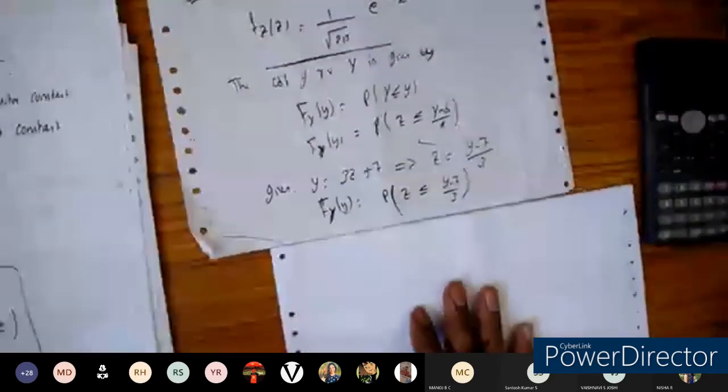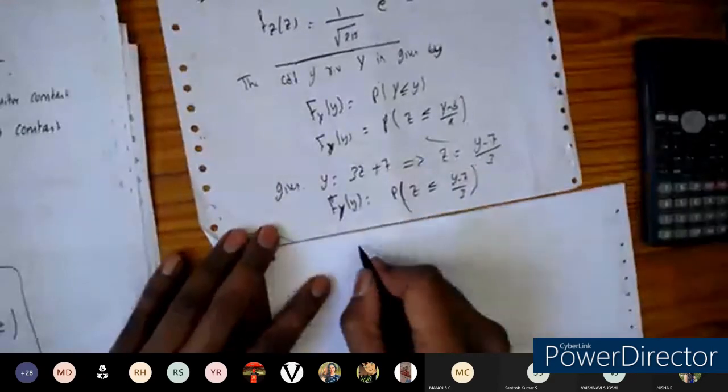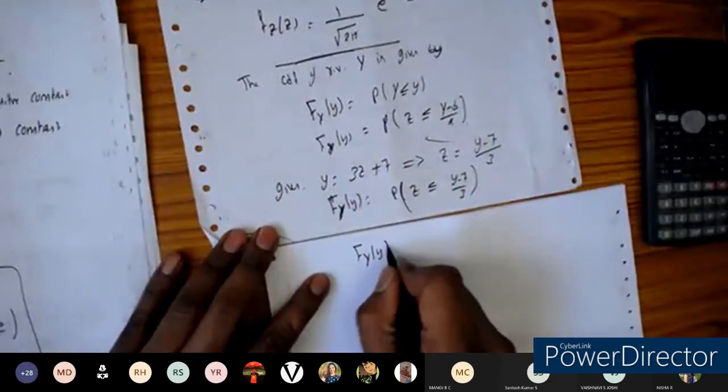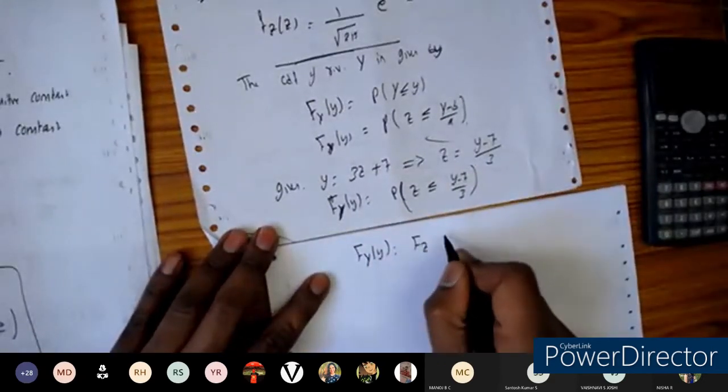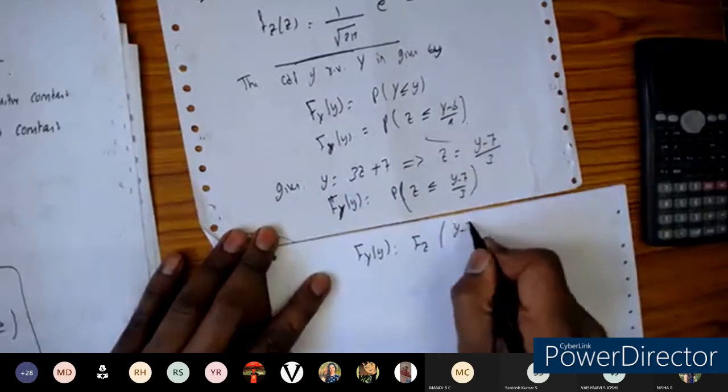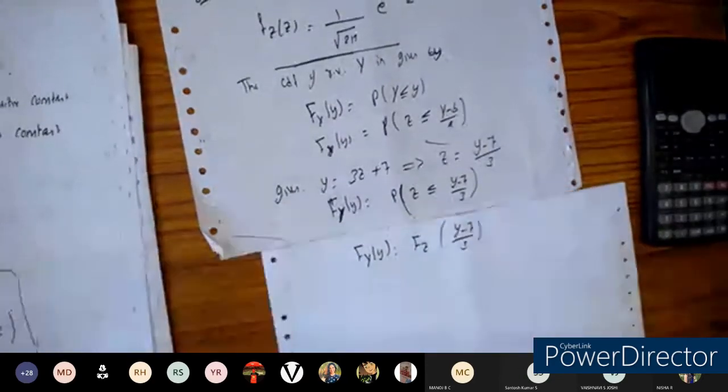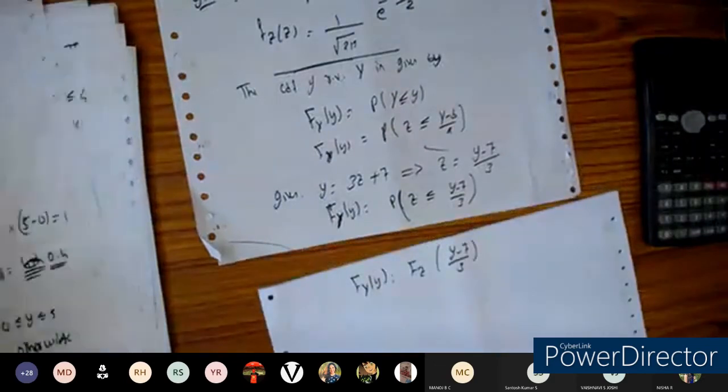So now F_Y(y) is equal to F_Z of (y minus 7) divided by 3.